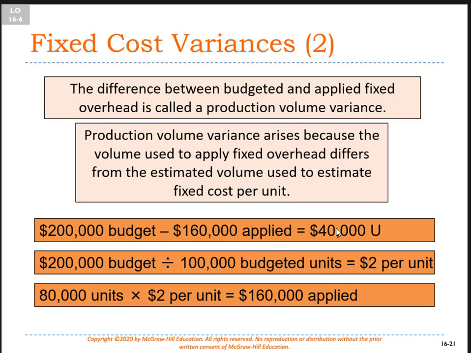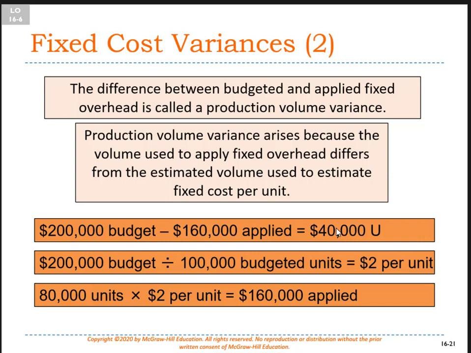And why did that happen? That happened entirely because of the difference in our sales versus what we planned. So some people would say that's uncontrollable, especially in the manufacturing part of the business, right? Because that's really a function of sales. So we aren't going to spend a lot of time thinking about that variance, all right?